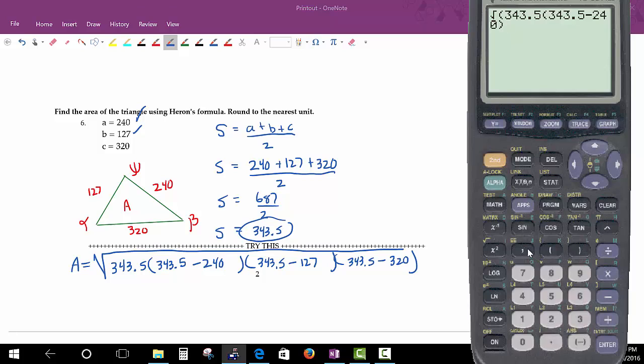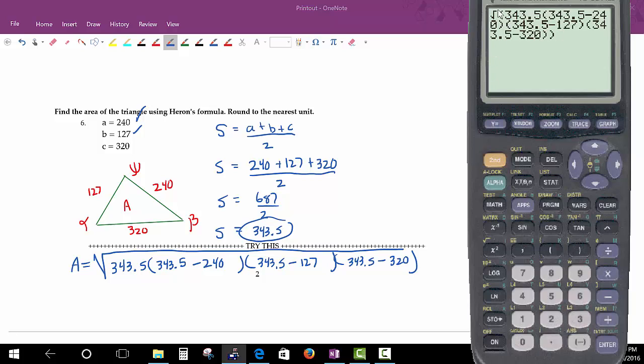Close the parenthesis, so you can let the calculator do all the work for you. Then the next parenthesis is 343.5 minus 127. Then a new parenthesis, we're going to put 343.5 minus the third side, which is 320. You want to be careful that you get everything put in.